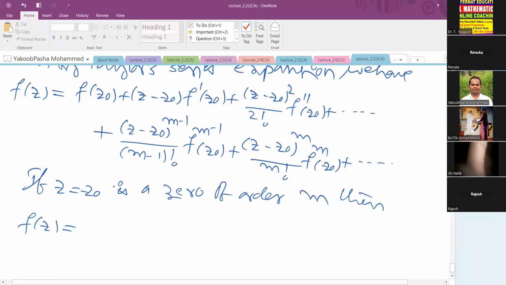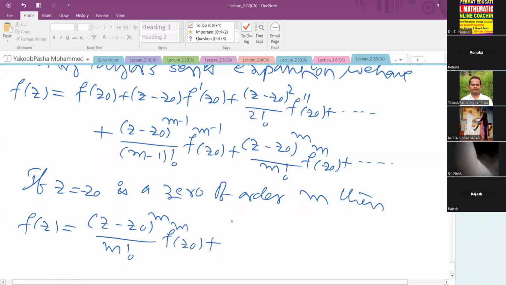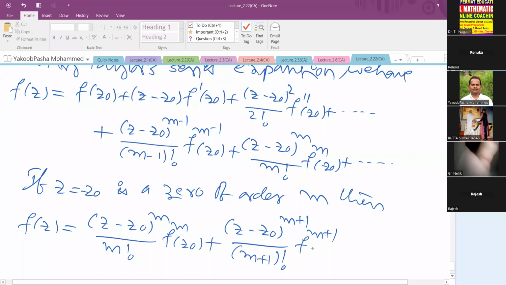So the remaining terms are z minus z naught whole to the power of m divided by m factorial into f mth derivative at z naught. The next term will be z minus z naught whole to the power of m plus 1 by m plus 1 factorial into f m plus 1th derivative at z naught plus and so on.